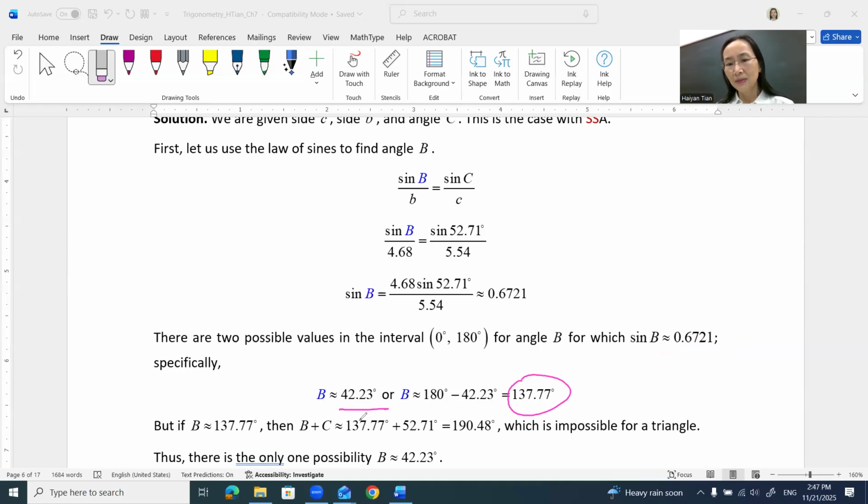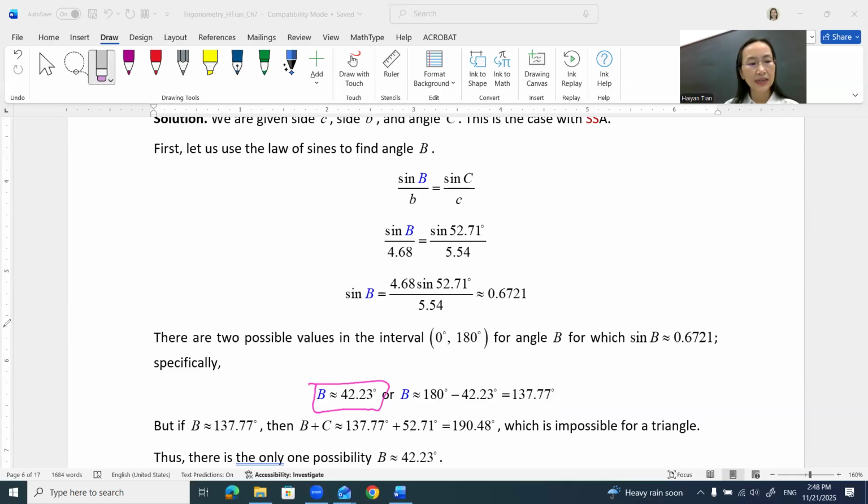So we have two possibilities. One is that capital B is an acute angle. The other is the supplement of 42.23, an obtuse angle. With the two possibilities, let's suppose it's the first case.